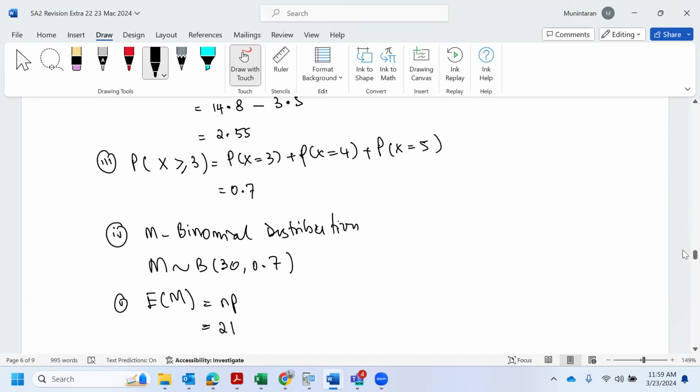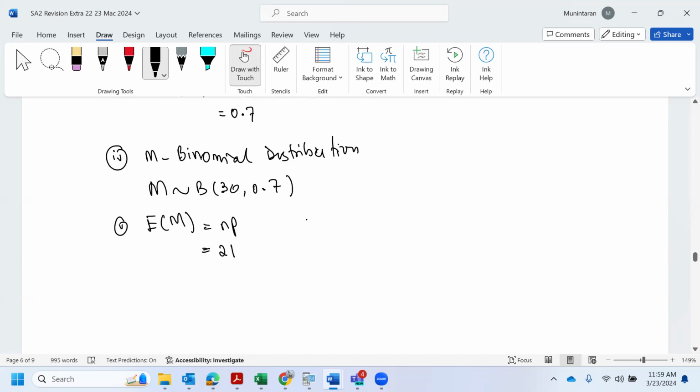It's not asked, but if you want to find the variance, variance of M is NPQ. So N is 30, P is 0.7, Q is 0.3. That gives you 6.3.